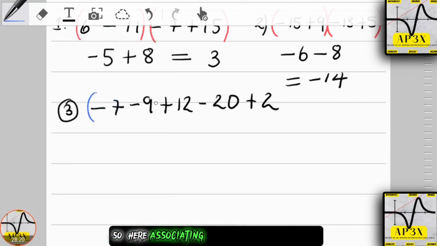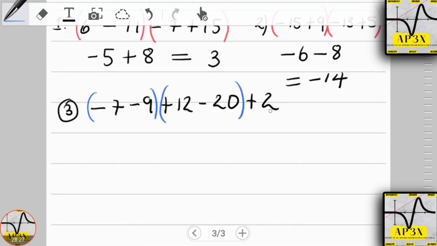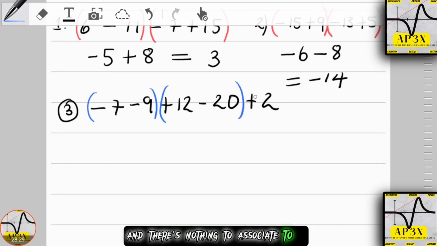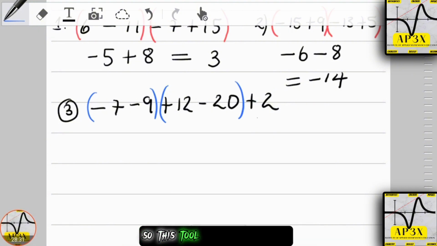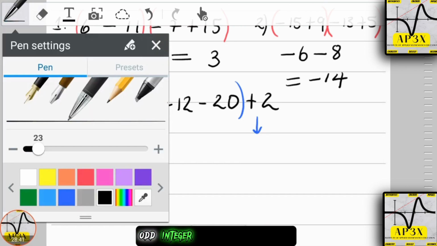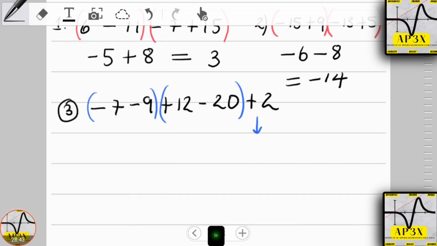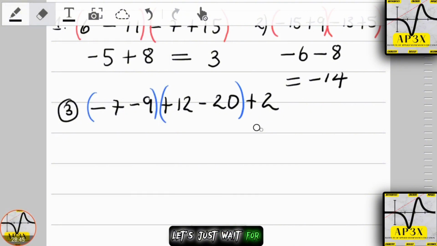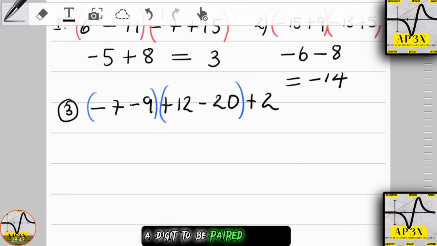So here, associating the negative 7 with the 9, the positive 12 with the negative 20, and there's nothing to associate the 2 with. So this 2 is going to always come down until there's a pair that it can be associated with. So that's an odd integer that we have outside. So let's just wait for a digit to be paired with that.